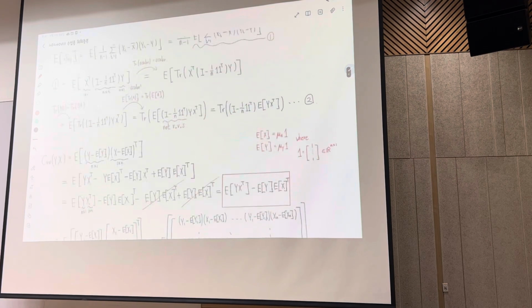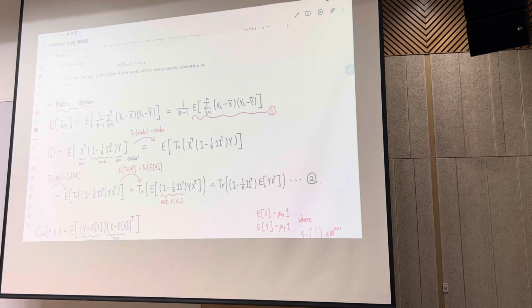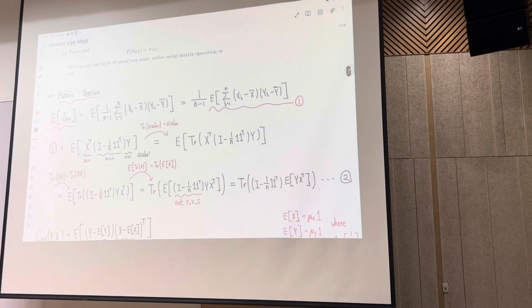First, I will explain about the matrix version. Okay, expectation of S_XY. S_XY can be written like this. So, expectation of S_XY is equal to like this.